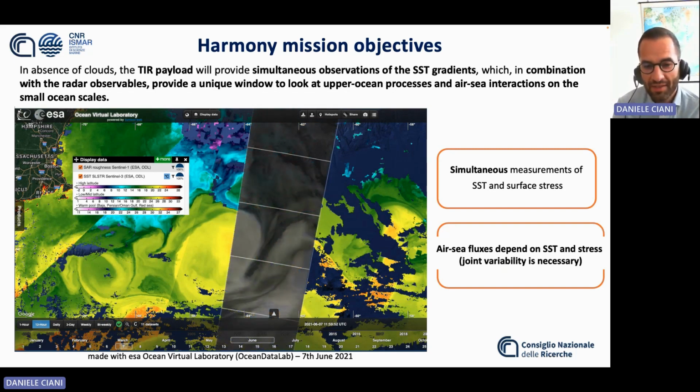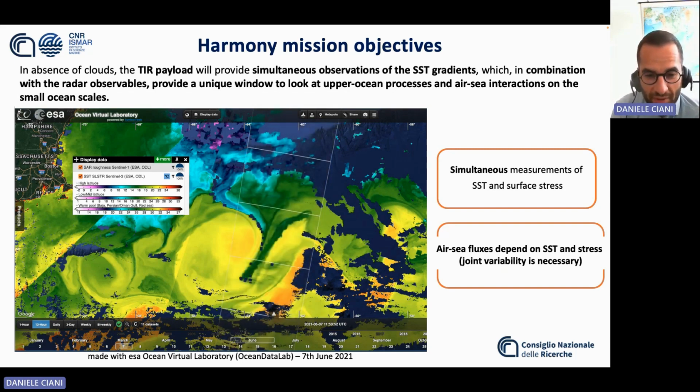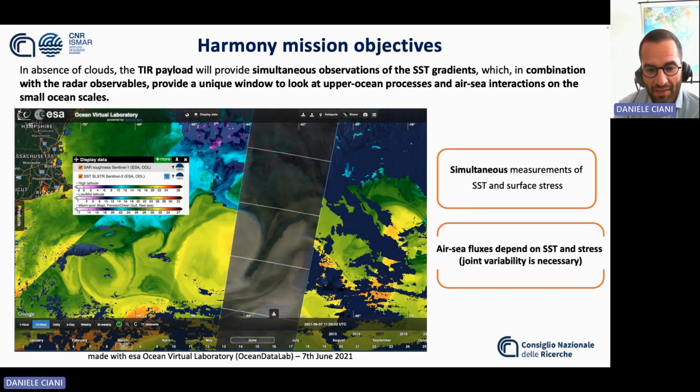You see that there is a very striking correspondence between roughness at the sea surface given by a SAR and also thermal features. But unfortunately today these quantities are only observed without simultaneity because they are obtained acquiring observations from different platforms. In this case, the Sentinel-1 and the Sentinel-3 datasets. While for Harmony, we will have simultaneity.